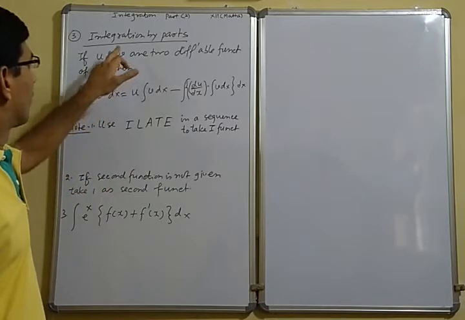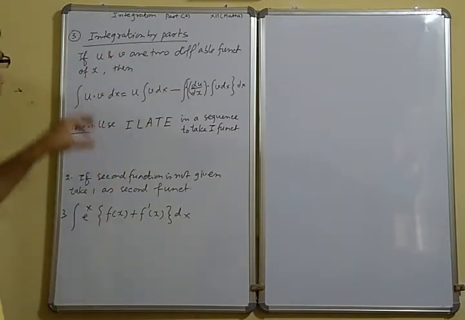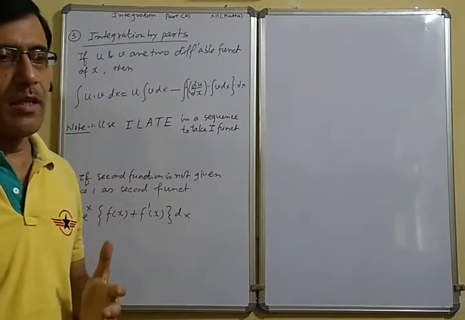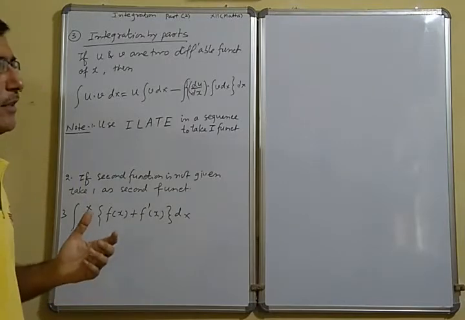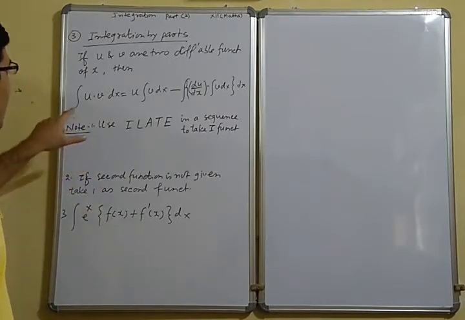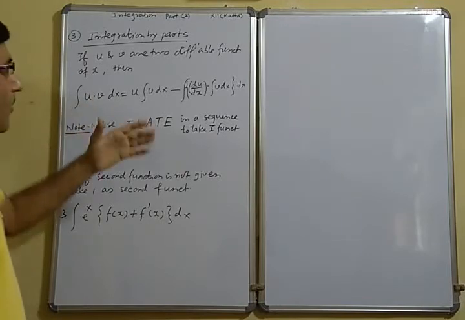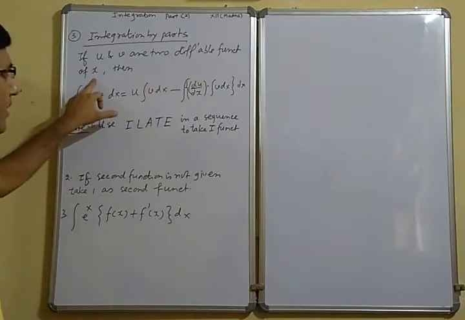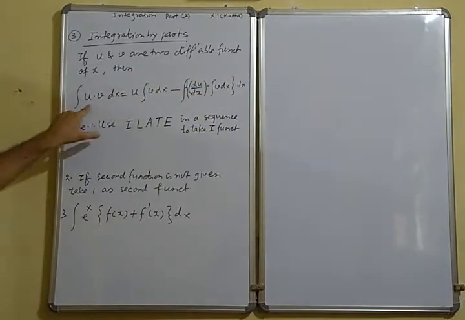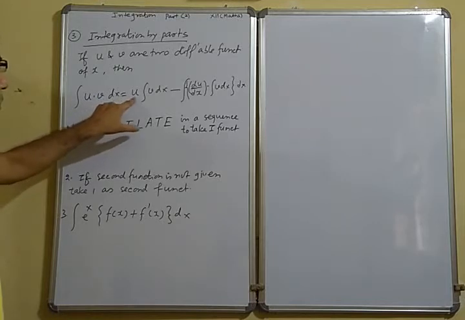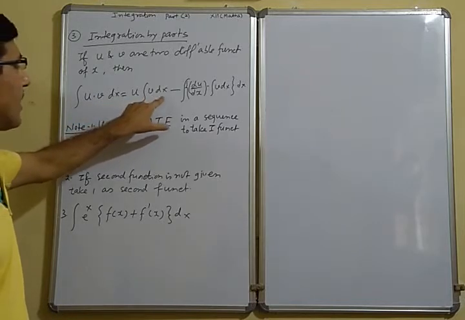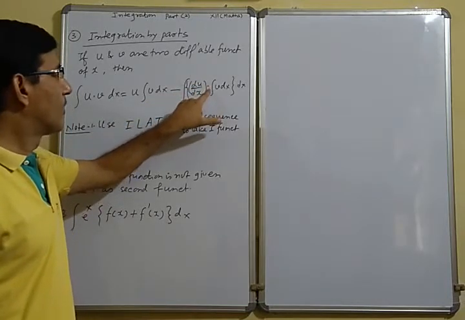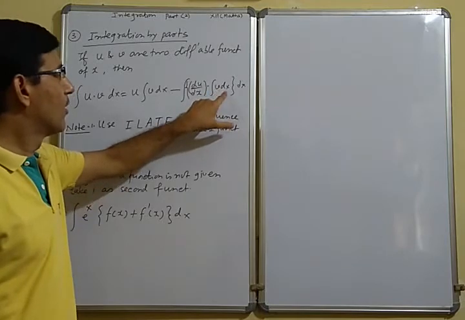Next we'll learn integration by parts. If there are two functions and we have to integrate them in products, how do we integrate? Let us see. If u and v are two differentiable functions of x, then integration of u v dx is equal to u times integration of v dx minus integration of (d by dx of u into integration of v dx) whole over dx.